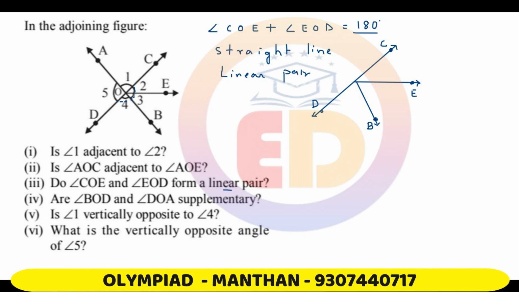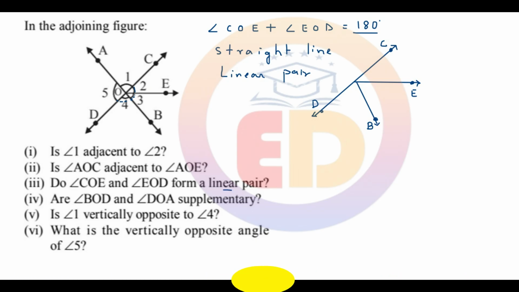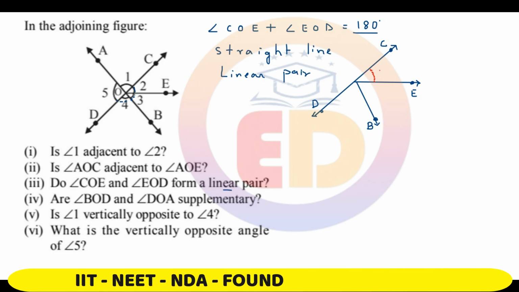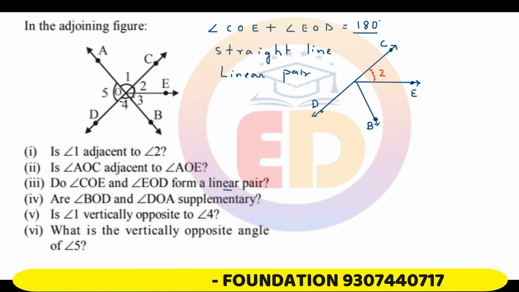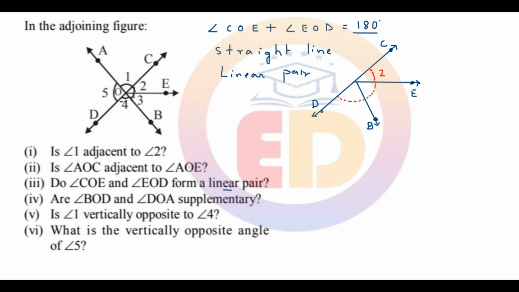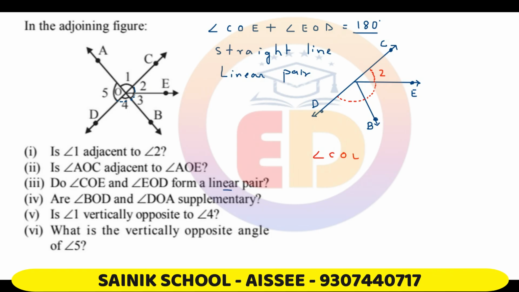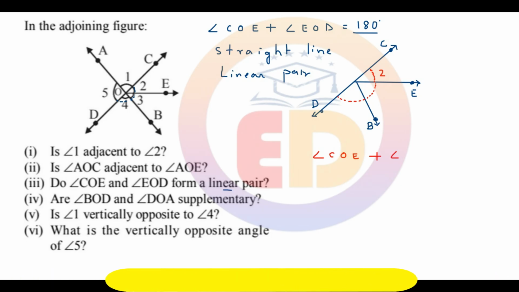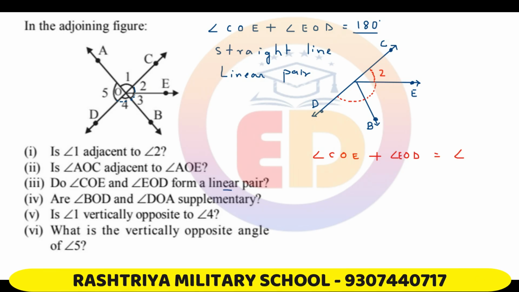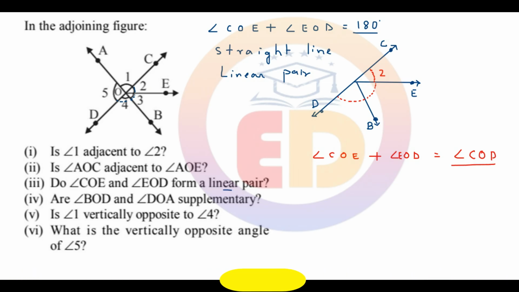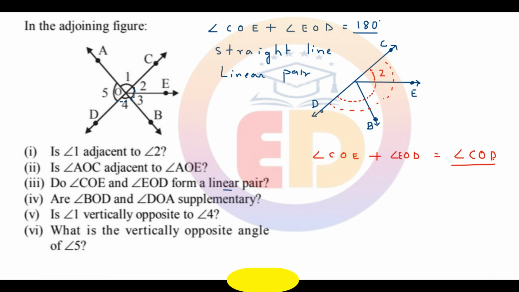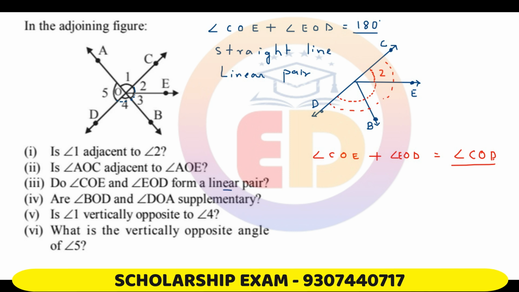Now if you look at the angle COE, you can see that this is the angle COE, this is angle 2, and angle EOD, this complete angle is angle EOD. As you can see that angle COE plus angle EOD equals angle COD, and you can see that angle COD is a 180 degree angle. ये पूरा एंगल आप देखें तो ये 180 डिग्री का एंगल बन रहा है, और एंगल COE प्लस एंगल EOD दोनों ऐड करें तो ये कंप्लीट एंगल COD हमें मिलेगा.